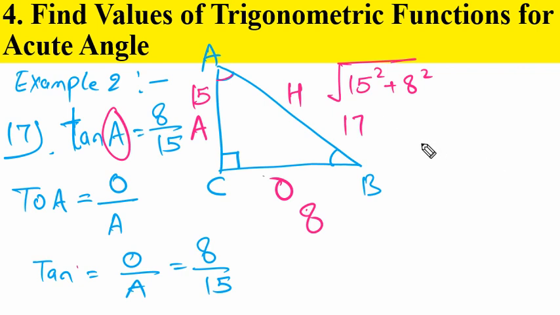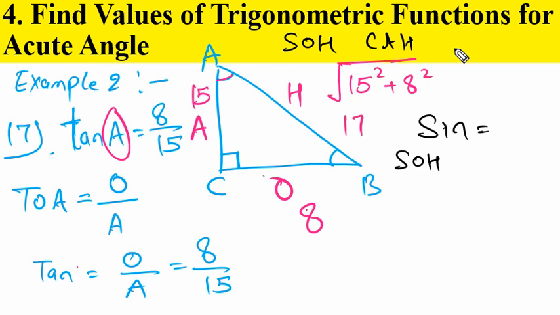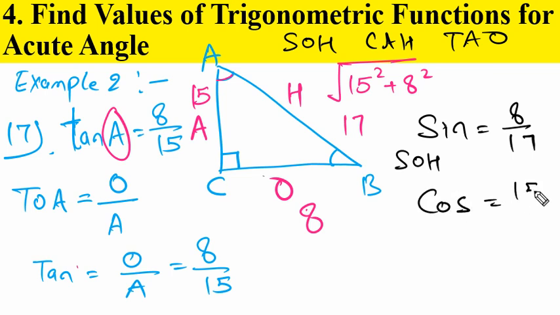Now you have to find the remaining trigonometric functions. Sine is opposite over hypotenuse, right? So "Kato", remember this. If you ever have confusion, write down this: sine, cos, tan. So sine is 8 over 17, cos will be 15 over 17. Tan is already given.